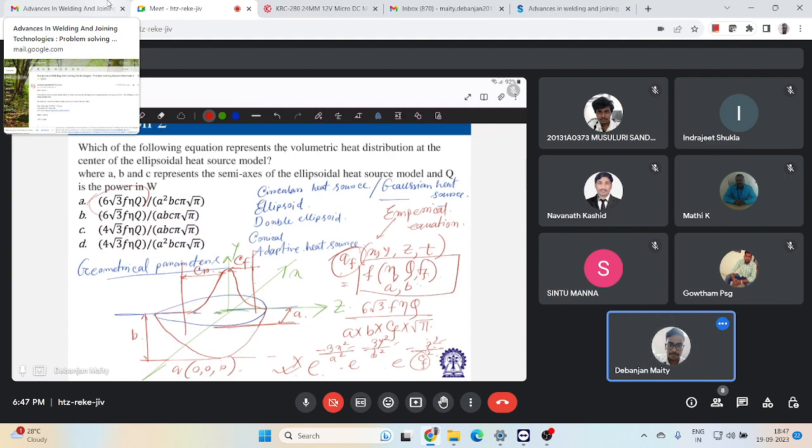What will happen? You put x equal to 0, this will be e to the power 0, 1, y equal to 0, 1, z equal to 0, 1. What is the correct answer then? Option B.